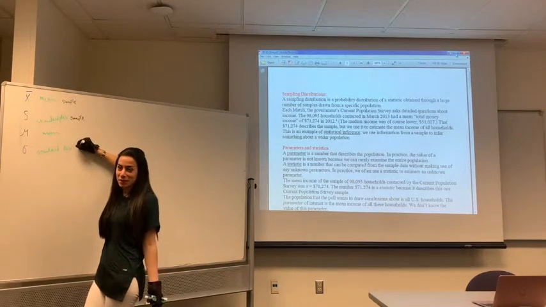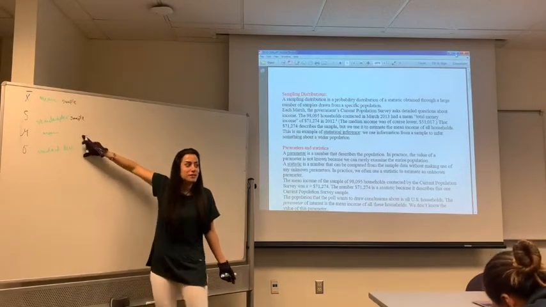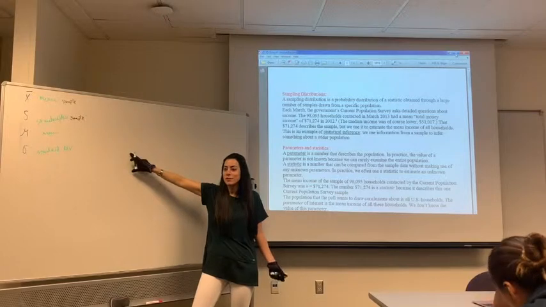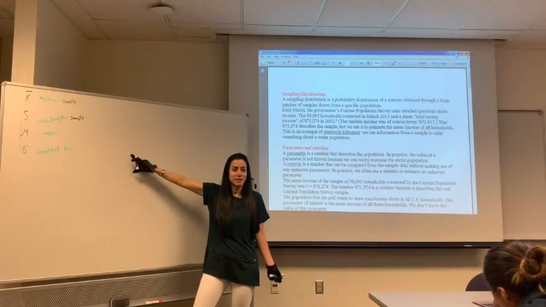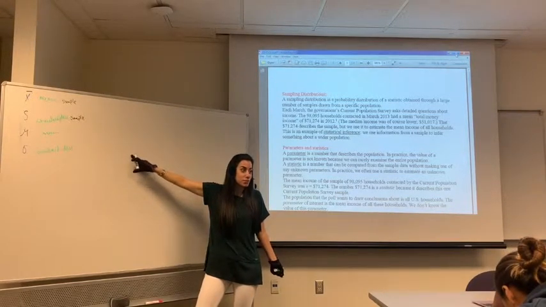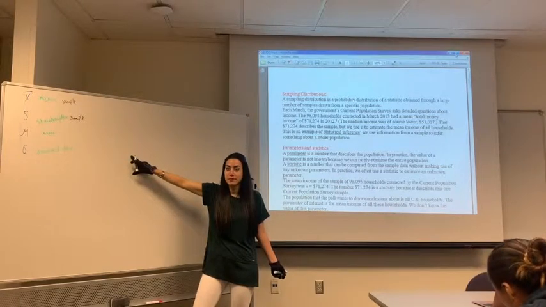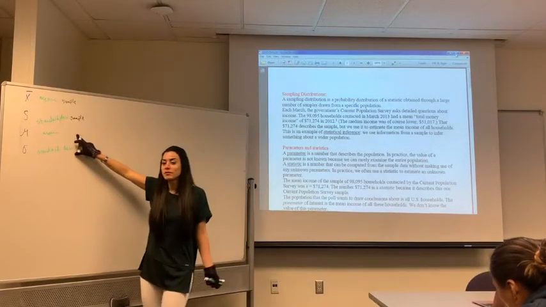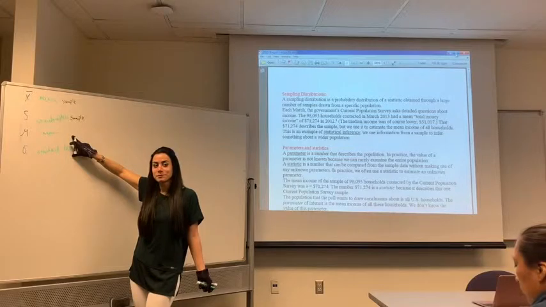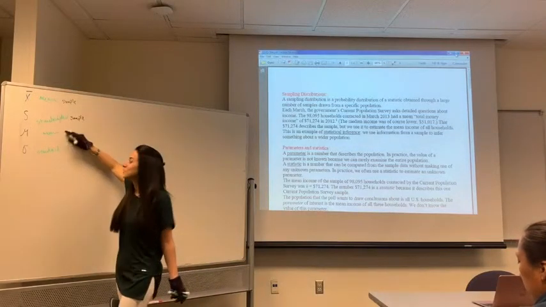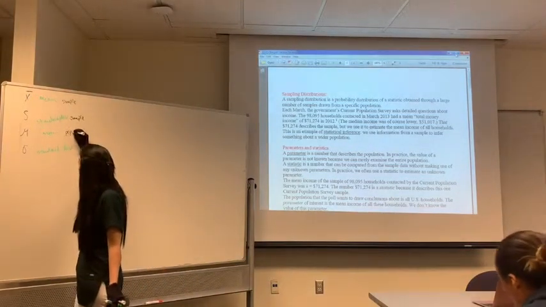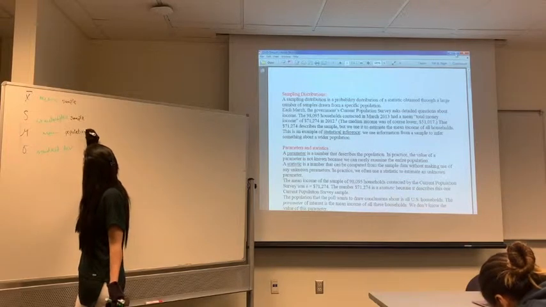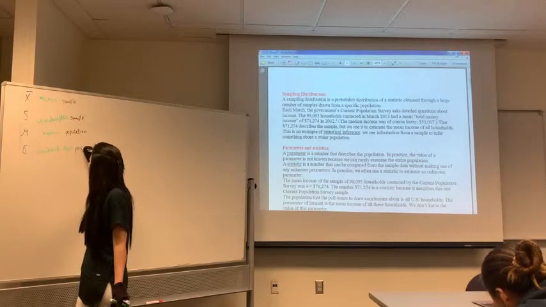Mu and sigma. These two I always gave you the information. You never calculated them, right? Yes. Because it was almost impossible to calculate them. Because these are coming from the population. So this is the mean of the population. This is the standard deviation of the population.